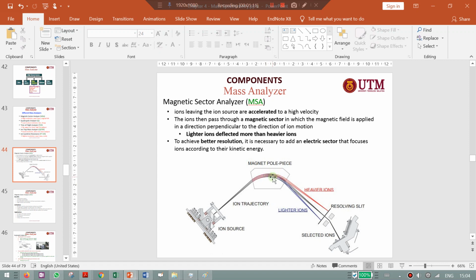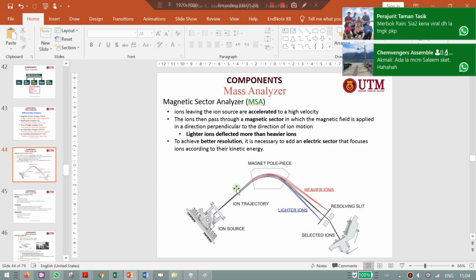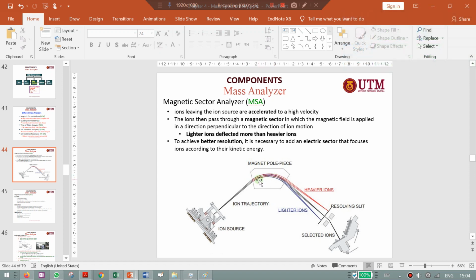So what happens is the lighter ions will be deflected much more than heavier ions. All ions will be deflected. If our ions had no charge, they would not be deflected.